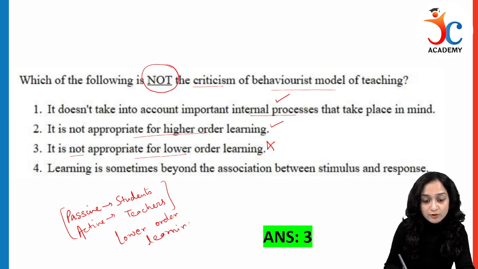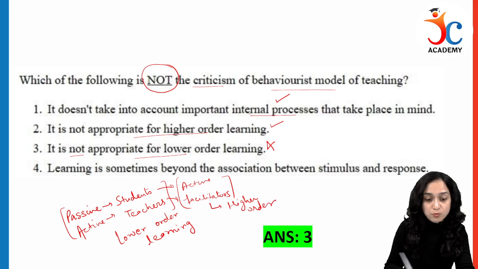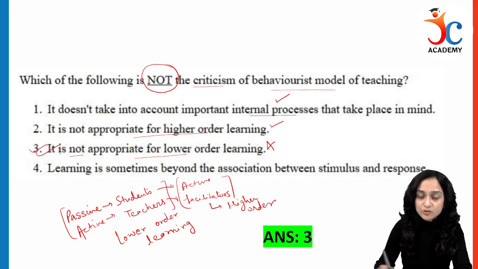For higher order learning, the teachers act as facilitators and students play the active role. This is for higher order. So option number 3 will be the correct option.